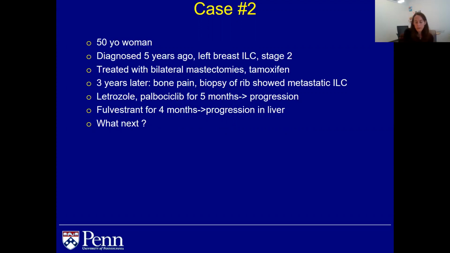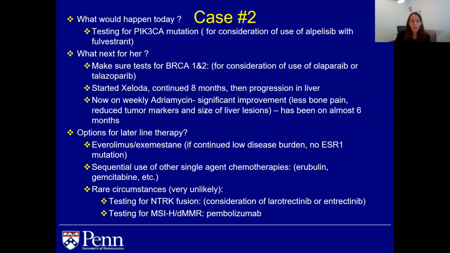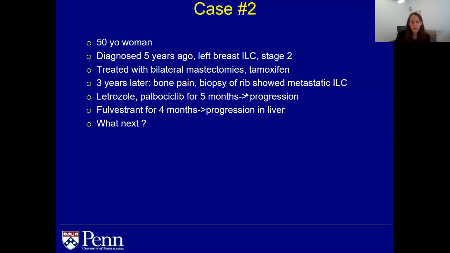So the contrast about this case is that we're seeing a sequencing of progression on hormonal therapies in a relatively quick fashion. And so when you ask yourself what is next for this hypothetical patient, you say, well, these hormonal therapies are not giving us the mileage that we're looking for. In terms of what you would do today, remember, she was diagnosed 5 years ago, so she received fulvestrant alone.